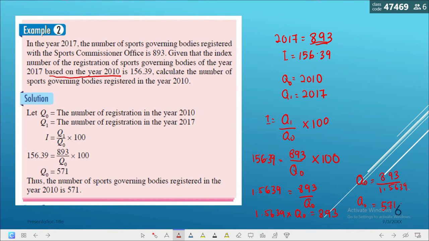So 571 is the number of sports governing bodies registered in the year 2010. That's how you find the value of Q0, the base year, if the index number is already given.